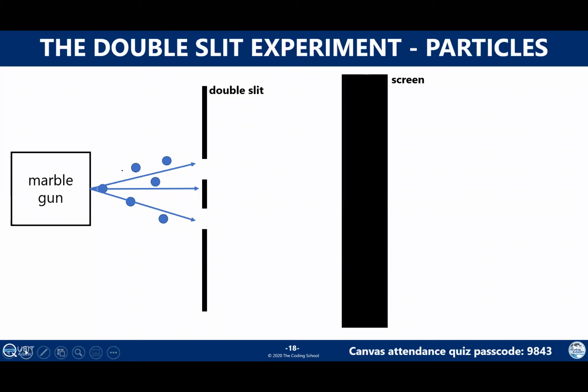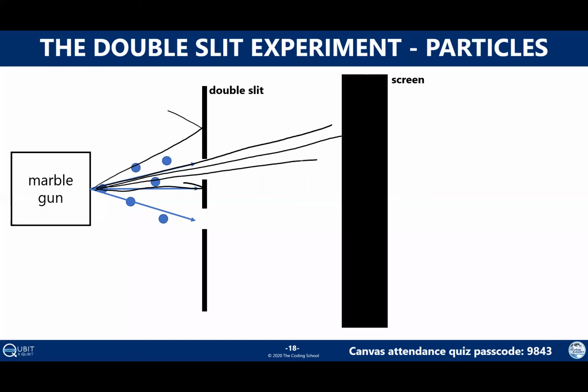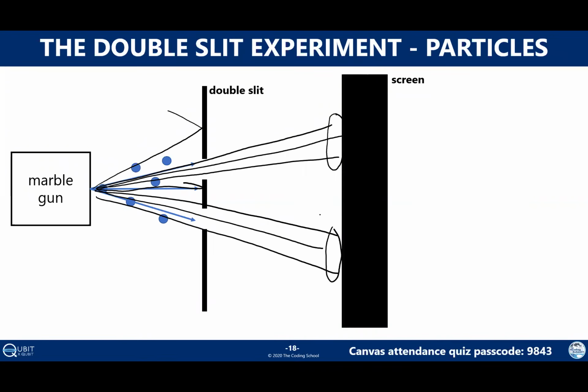And like I said, a lot of the marbles in this case are going to stray a little bit too far, and they're just going to bounce off the wall, or they're going to hit the middle and they'll just bounce back. But some of them are going to travel through the slits, and they'll have slightly different trajectories, but we should get some kind of pattern appearing there on the wall and some kind of pattern appearing here, right?